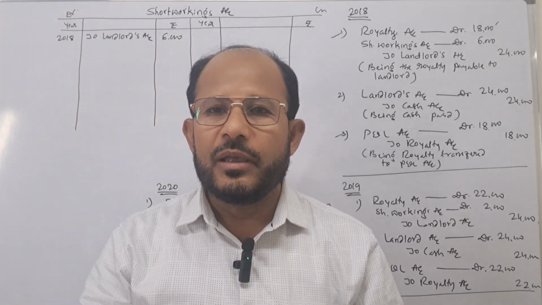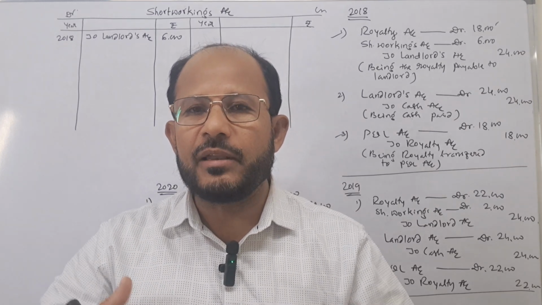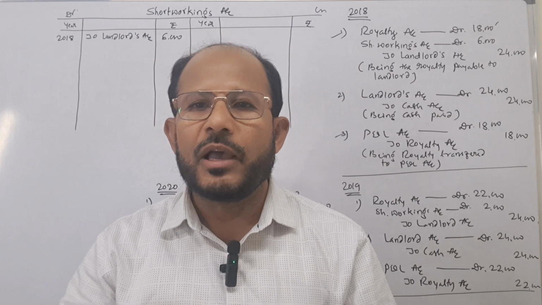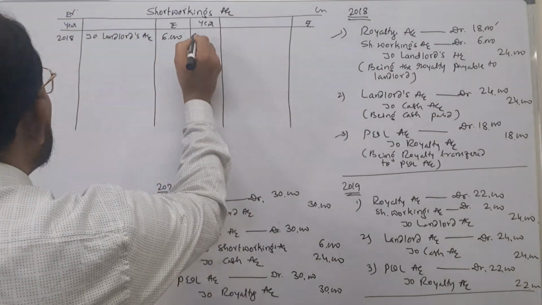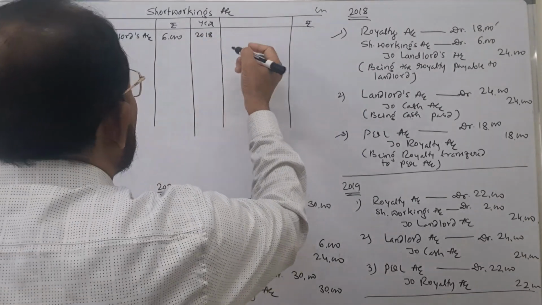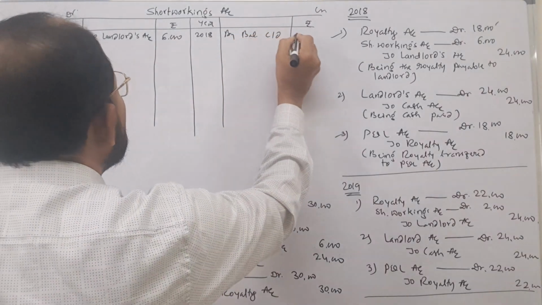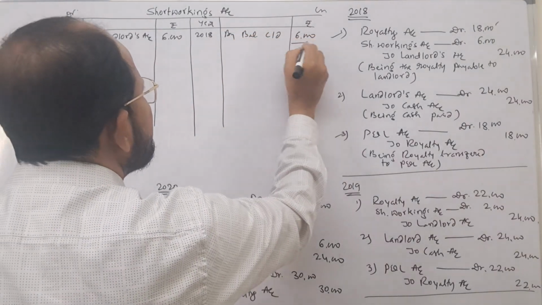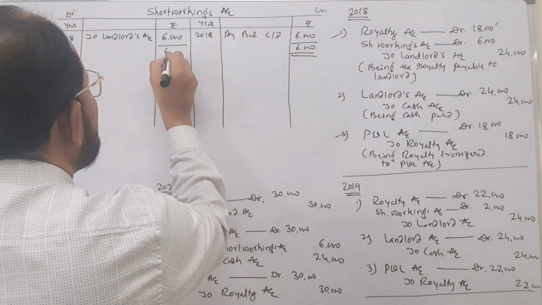See, every year short workings account is to be closed. How to close this one? Here the short working, if not recovered in the next year, again it goes on accumulating. That is why here what we need to do is, we have to close at the end of the year this short workings account in this style by balance carried on rupees 6,000. Rupees 6,000 you have to close this one.